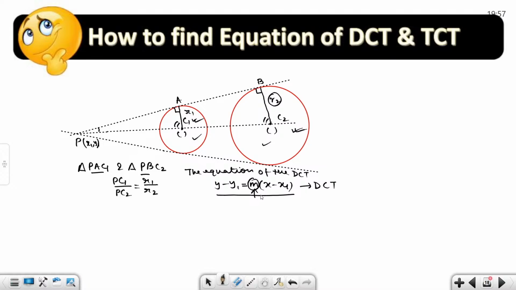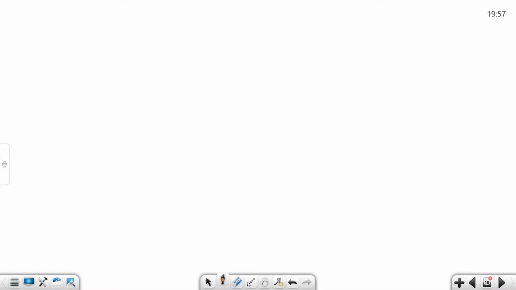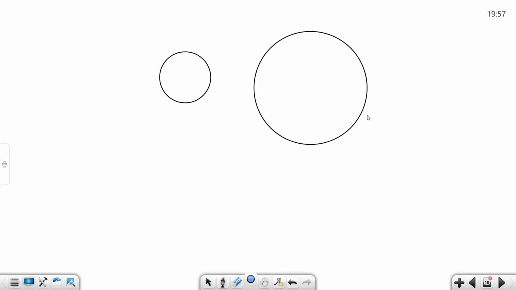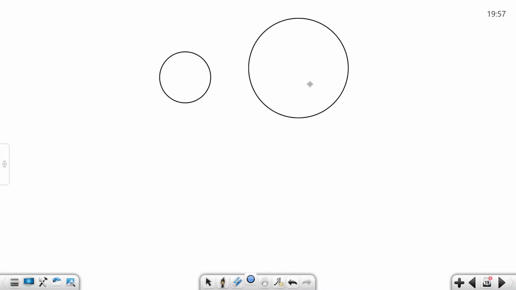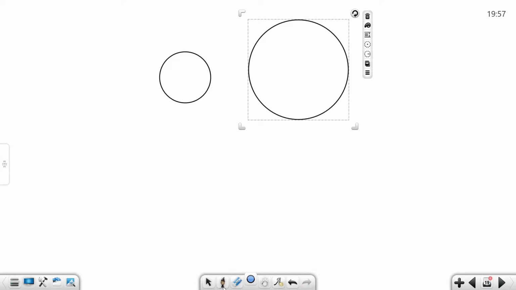Okay, now let us take finding the equation of the transverse common tangent. Here again we are taking two circles. Let us say this is my first circle and this is my second circle. Now my motto in this is to find out the equation of the transverse common tangent.